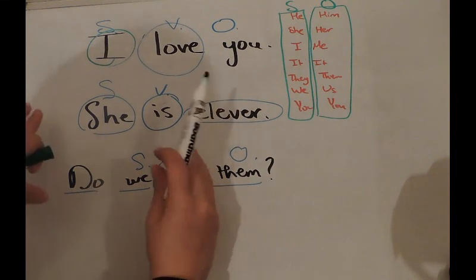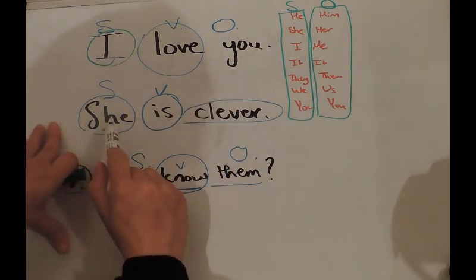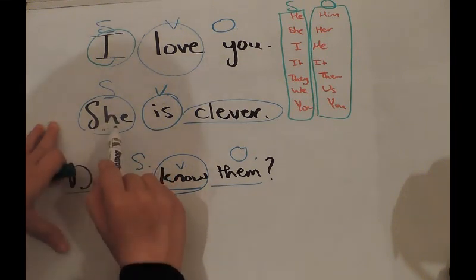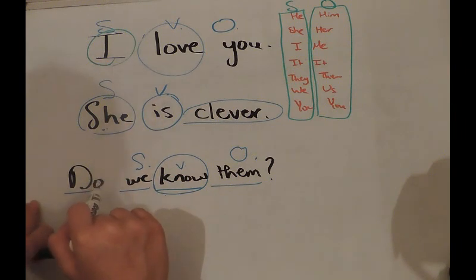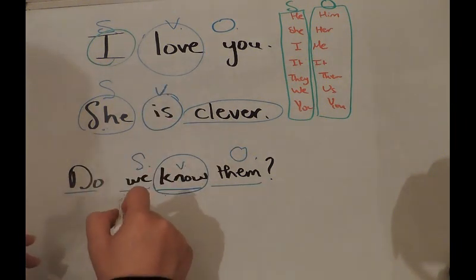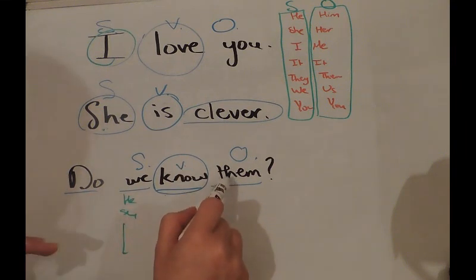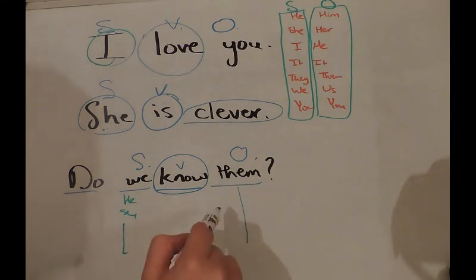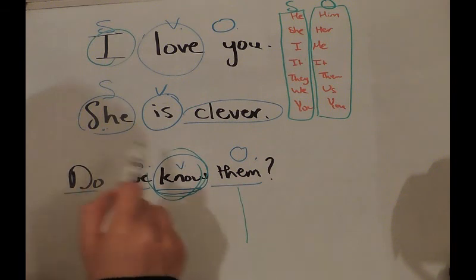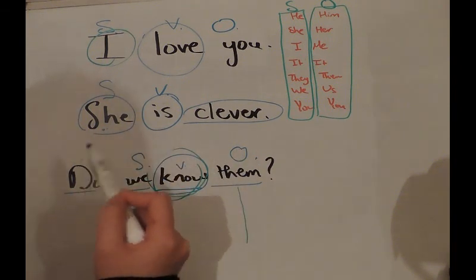Same thing applies for the second sentence: she, he, I am, it, they are, we are, you are. Same thing also applies for the last sentence. Do we know them? We, of course, takes he, takes she, etc. And them also takes all the objective personal pronouns. Keep in mind that we should always change the form of the verb according to the number of the pronoun.